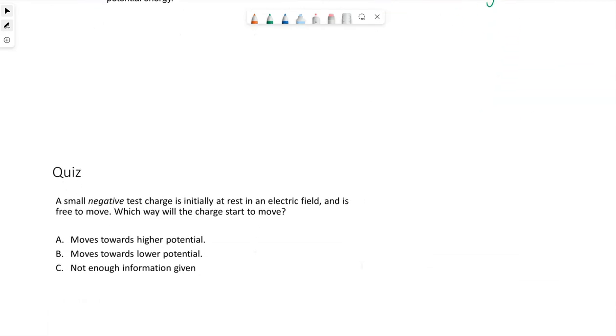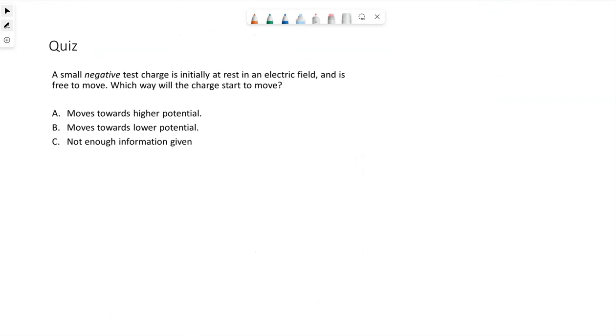Here's our next question. The correct answer is A. Now, think of this like our capacitor.